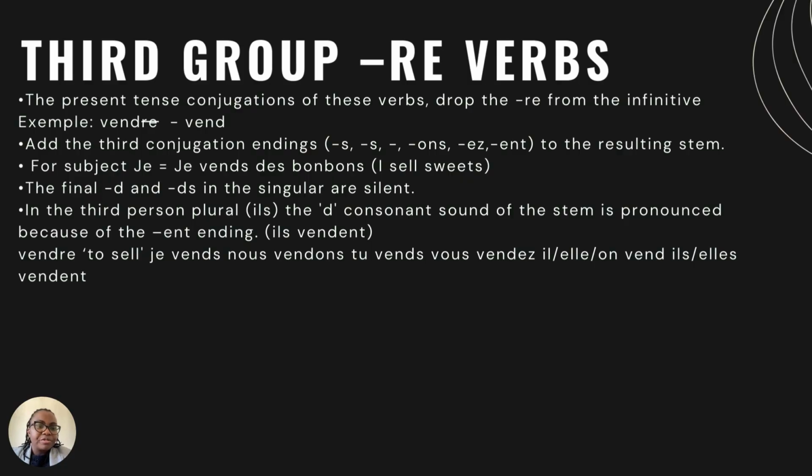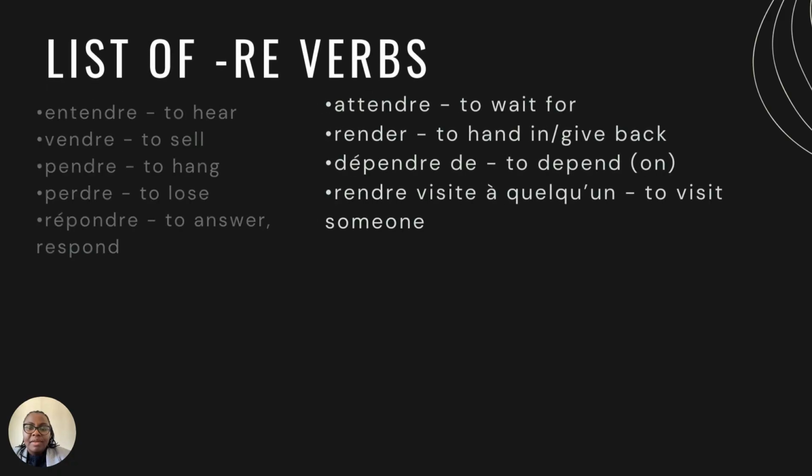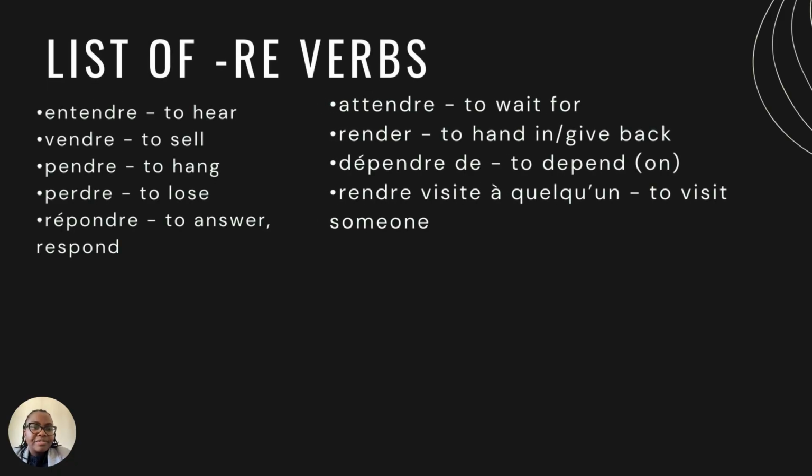So the conjugation of vendre, to sell: je vends, nous vendons, tu vends, vous vendez, il, elle, on vend, and ils, elles vendent. Here is a list of some of the verbs that end with RE.